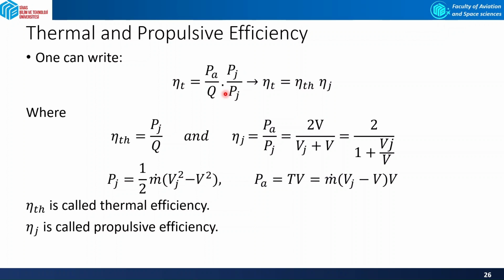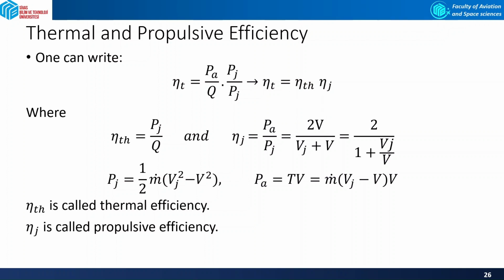So the total efficiency can then be written as a propulsive efficiency eta J multiplied with thermal efficiency eta Th.